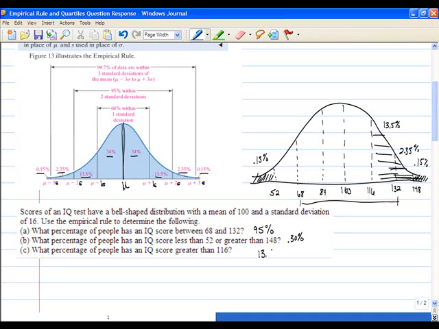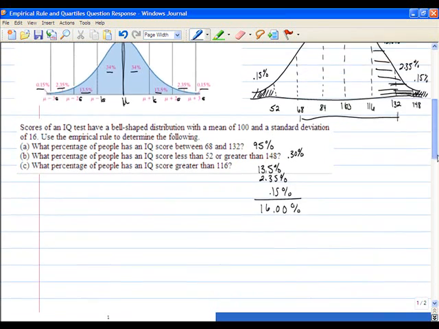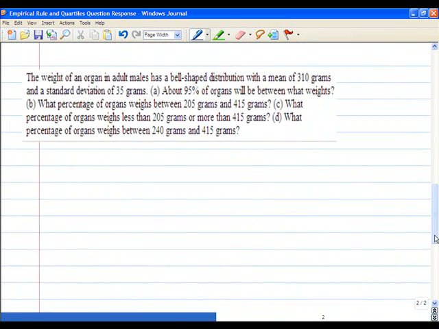If we add those up, we've got 16% that will fall above that. Yes. Okay, so 16%.